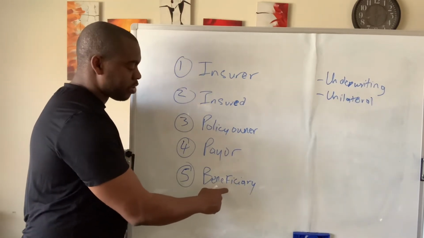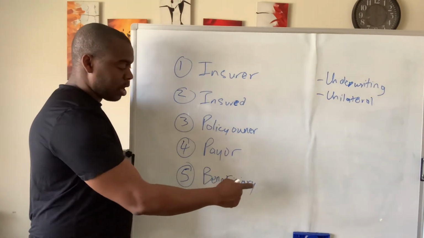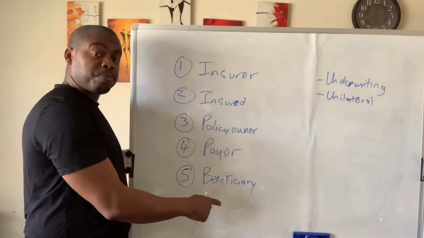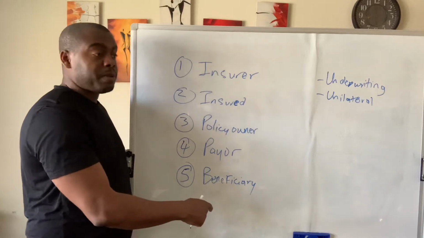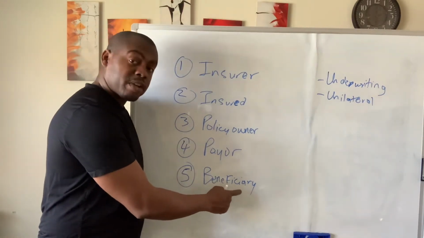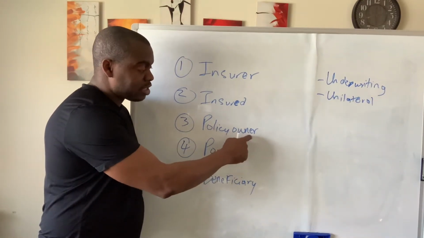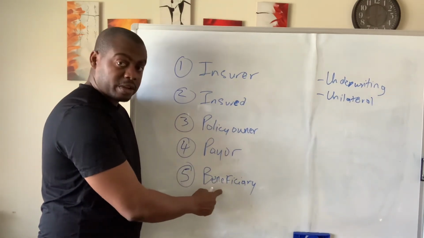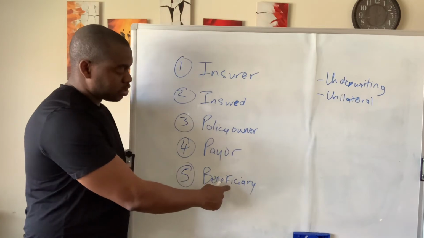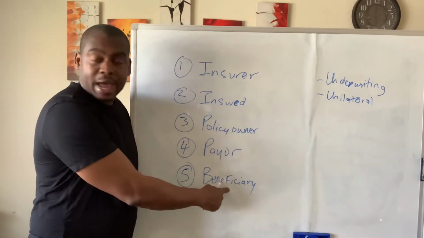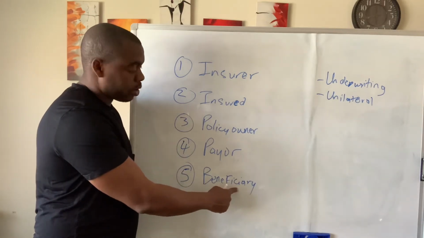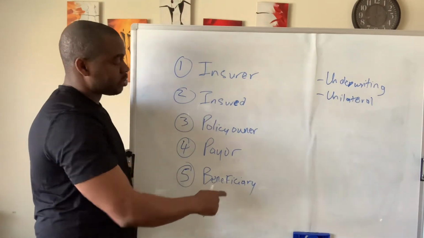Now, the beneficiary could be a person, or it could be a trust, it could be a charity, it could be whatever. Whoever the insured, or whoever the policy owner wants the beneficiary to be, they could be the beneficiary. All right, so that's who the money is going to go to, tax-free, without going through probate court. So that's what the beneficiary is.